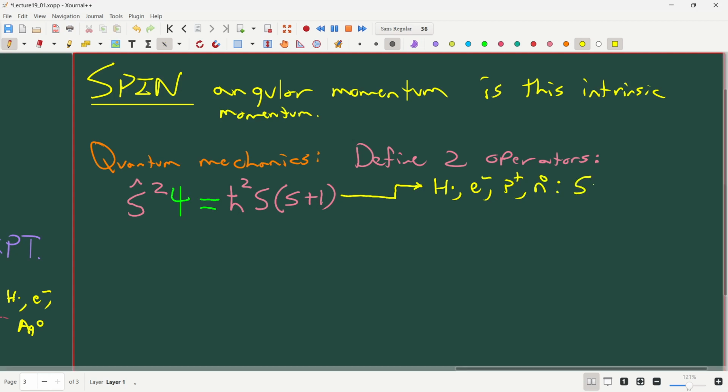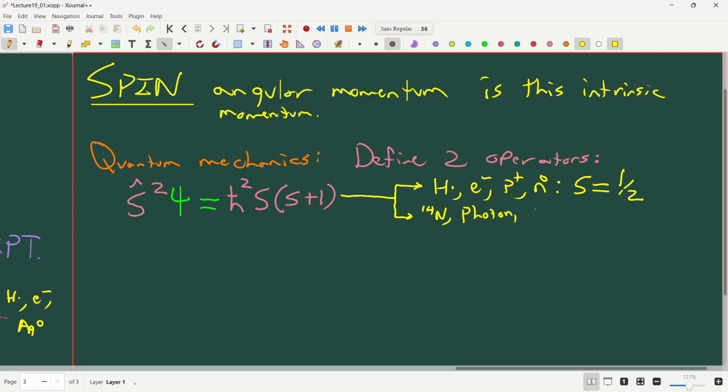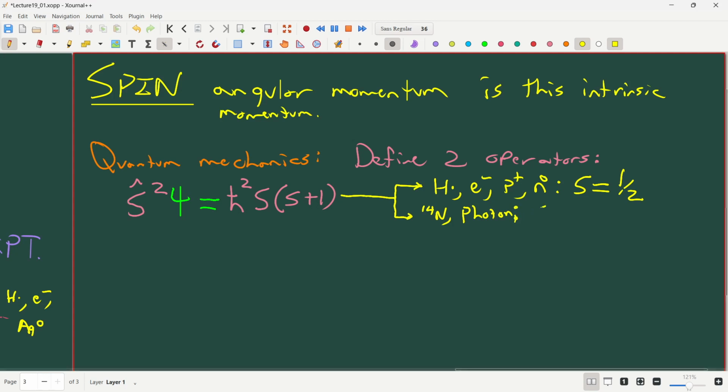S is 1/2. Right? The electron is a spin 1/2 particle. For nitrogen, the nitrogen atom, and interestingly, we'll talk about this in a second, the photon, and other atoms as well. These are the most common ones that I can think of. S is 1.